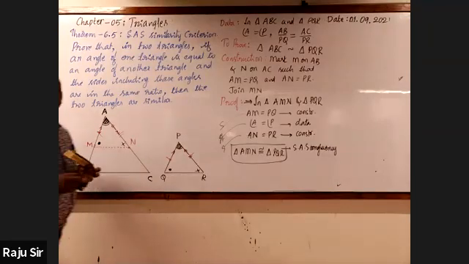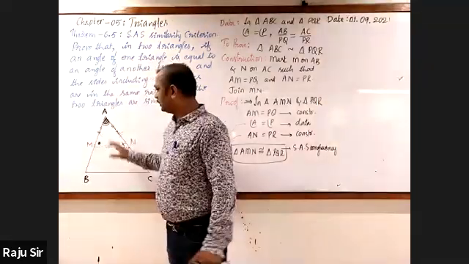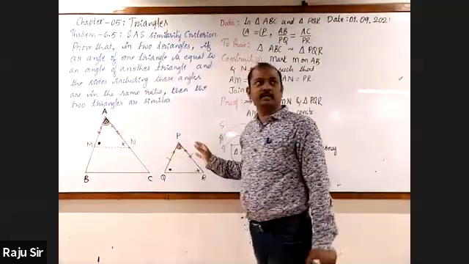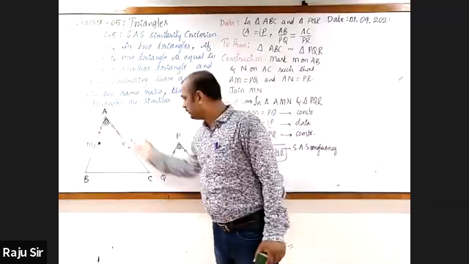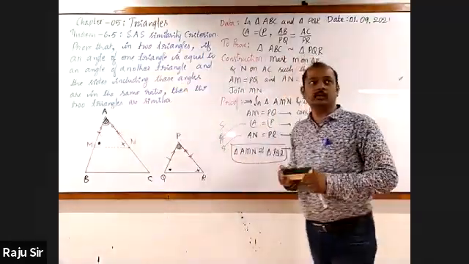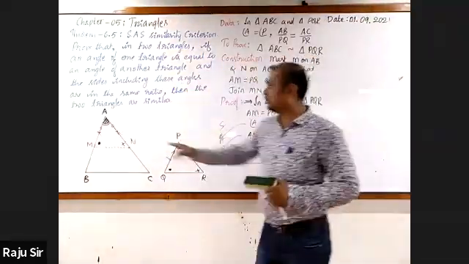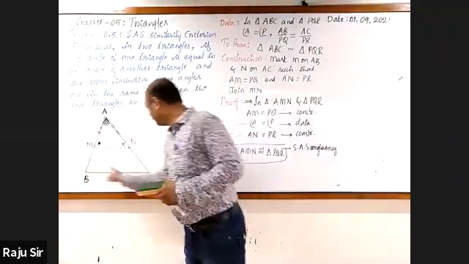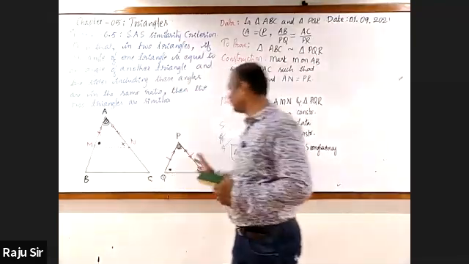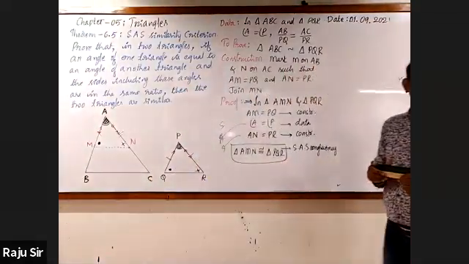Here, either you have to prove the corresponding sides are in the same ratio, or corresponding angles are equal. Angle A equal to angle P is already given. Next we have to show angle B equal to angle Q, angle C equal to angle R.